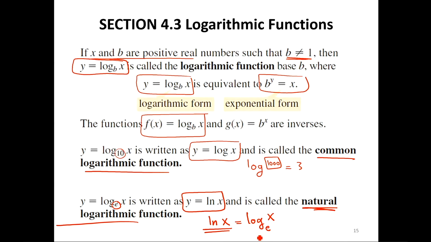So if we have ln, this is the natural logarithm, the logarithm with base e. If we have log without any base, the base equals 10.